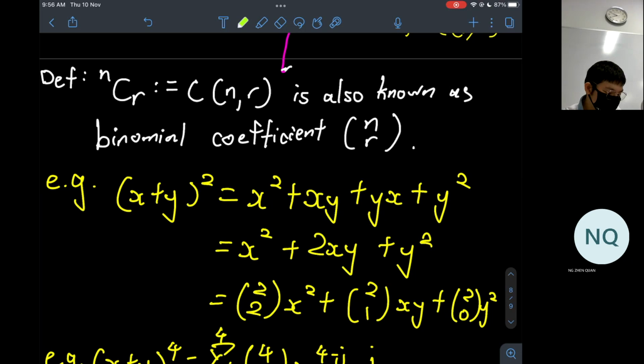So if you really want to follow this formula definition, then you need to write this. This one is the permutation of the element.